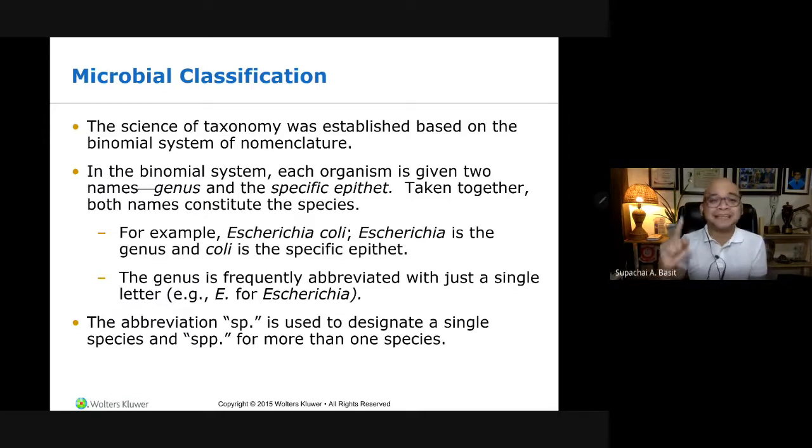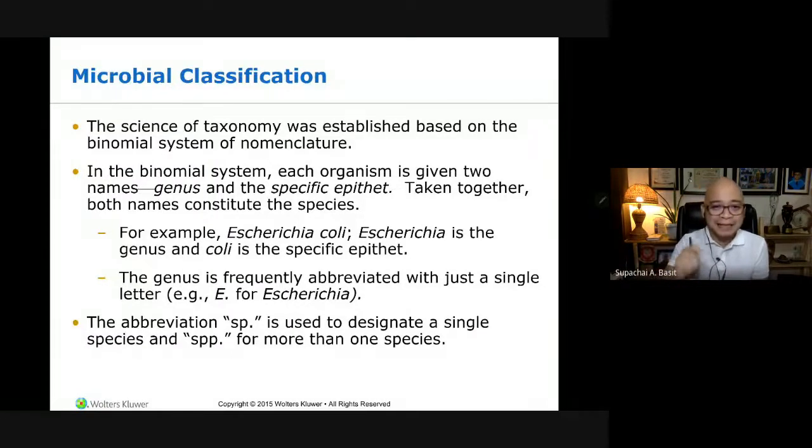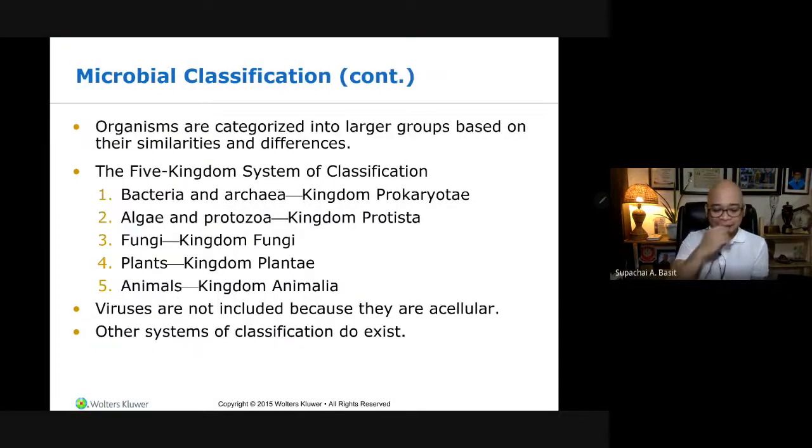The abbreviation sp. is used to designate a single species, and if there are more than one species, we use the abbreviation spp. Okay?